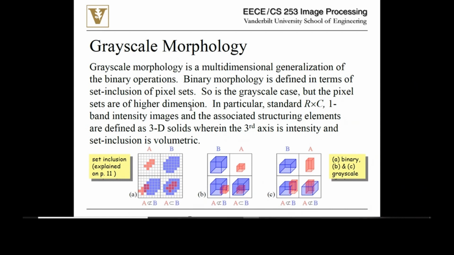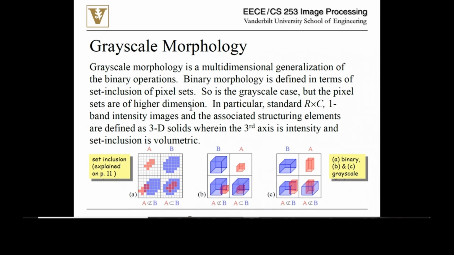Let's say that we have two sets A and B, and I want to see, for instance, if A is included in B. So this A in red is totally included in B. This A is not totally included in B because it shares some pixels, but not all of them. So we are used to thinking in sets by thinking only of the location of the pixels.